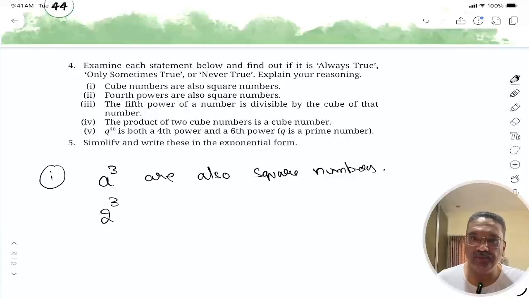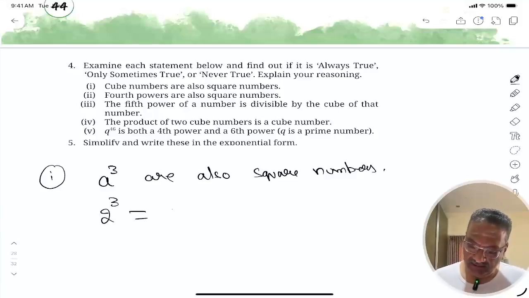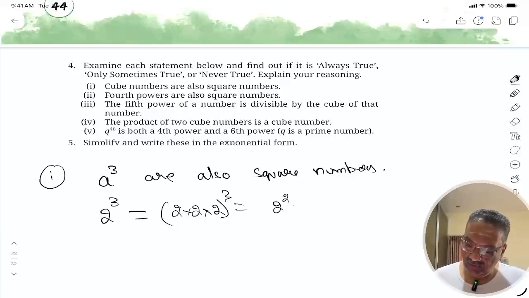What is 2 cube? 2 cube can be written as 2 into 2 into 2, which is 2 to the power of 3.